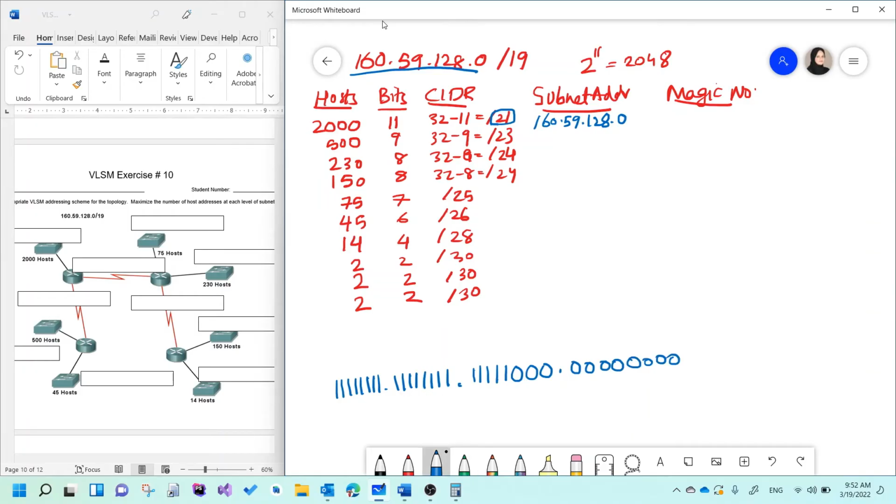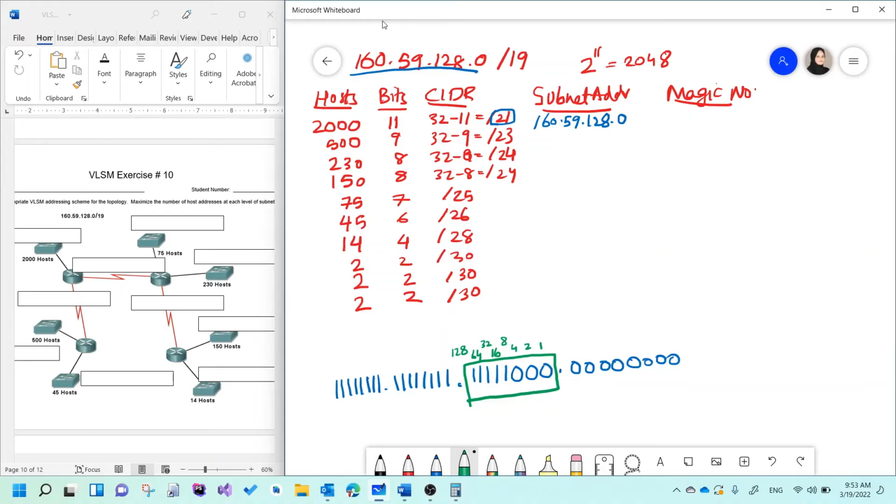Okay, now here the third octet is the octet where you have the last one, right? So you'll represent that with the bit representation: 128, 64, 32, 16, 8, 4, 2, 1.